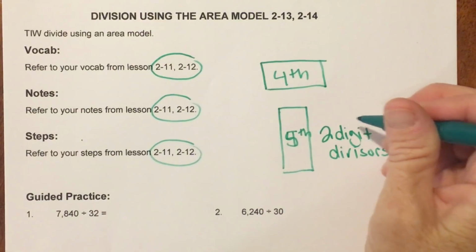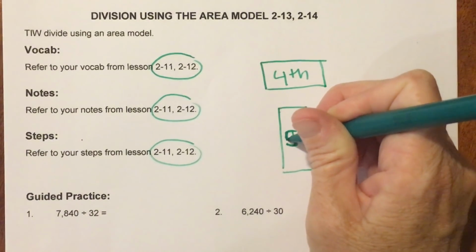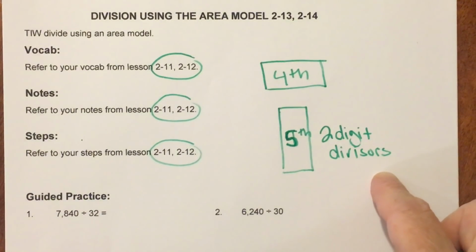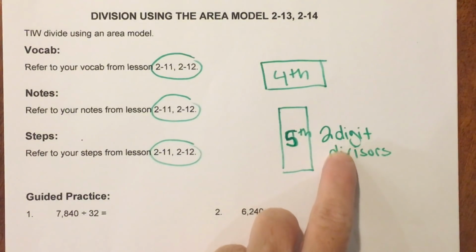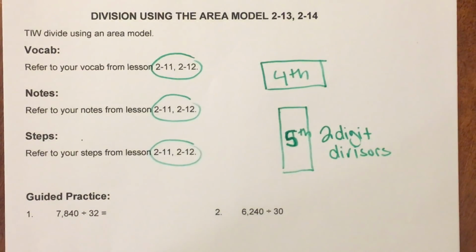This is the big part of 5th grade: we have 2-digit divisors and we use our area model vertically. Our steps will be exactly the same, but because of these 2-digit divisors, it's going to be a little bit different and a little bit more challenging.